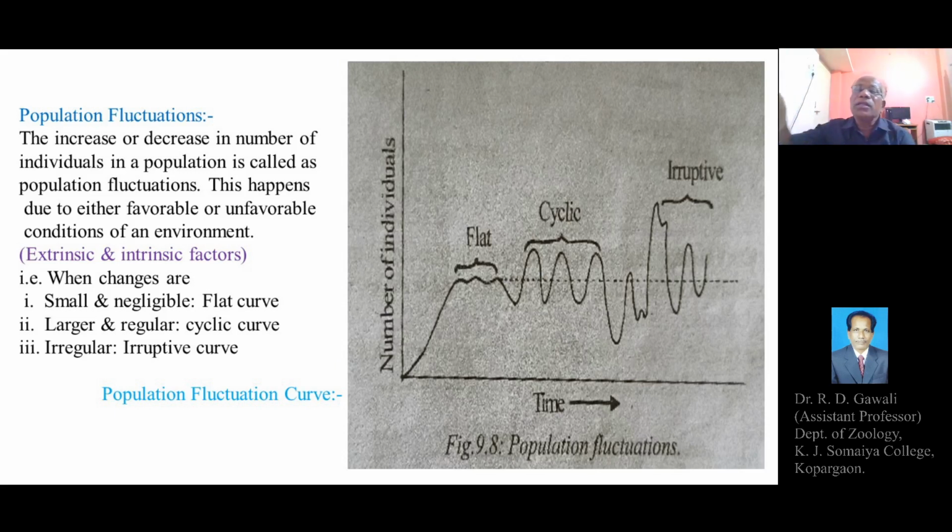So these are the three different types of population fluctuations that can be observed in a population on the basis of changes in the environment. Different categories of changes in the environment can lead to population fluctuations, representing the growth curves as either flat, cyclic, or eruptive.